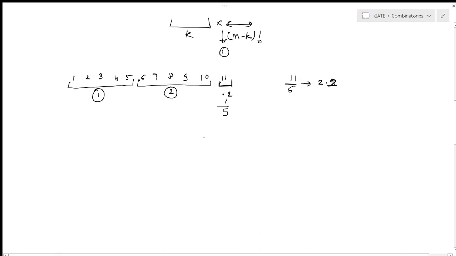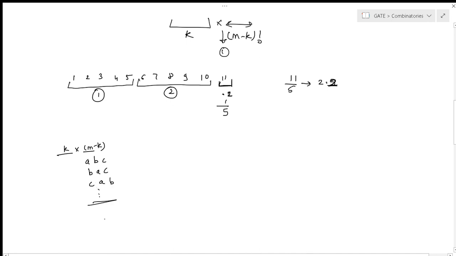On similar lines, say you have the first k elements fixed and the rest of the m minus k elements moving. Do you get this? So what could happen here is ABC, here BAC, and so on. All those 6 combinations will be there.